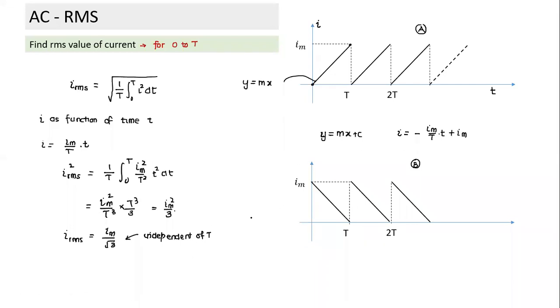Without doing integration also, I easily notice that when I take this curve's area and flip over the curve to this side, the area remains the same. Similarly, the area of the square of the curve will also remain the same. So this also will come equal to I maximum by root 3. You can try some of them and substitute, and we'll find both values are the same.